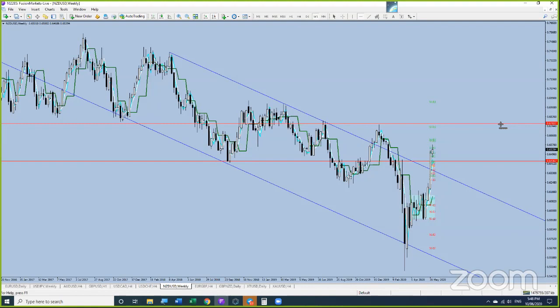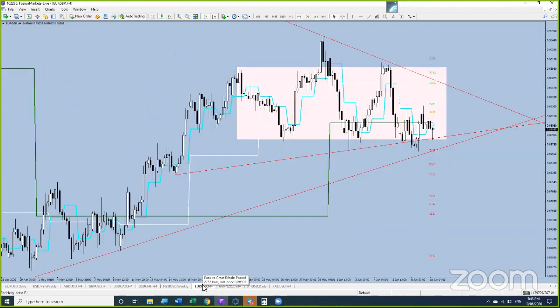So maybe the Kiwi, if you're looking for relative strength and not trading against the US dollar, maybe the Kiwi versus some of these weaker pairs might be the go. Keep that in mind. Kiwi stronger than anything, in my humble opinion. Euro pound we've spoken about.